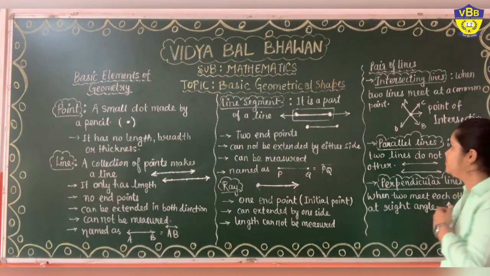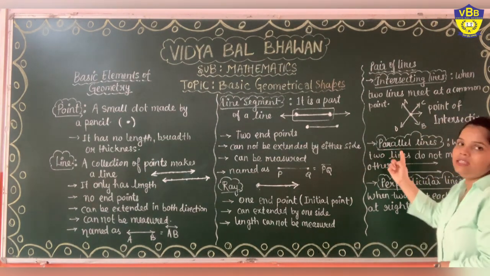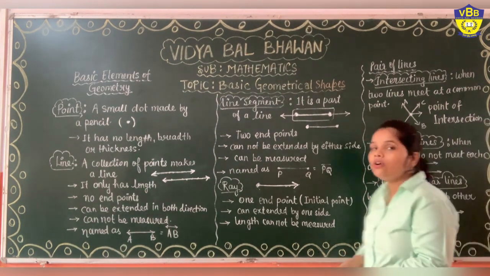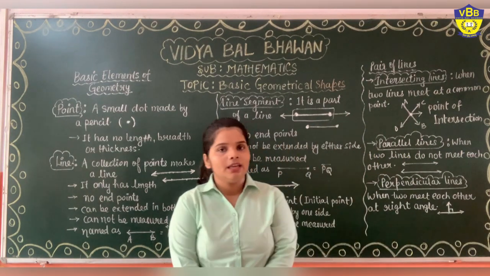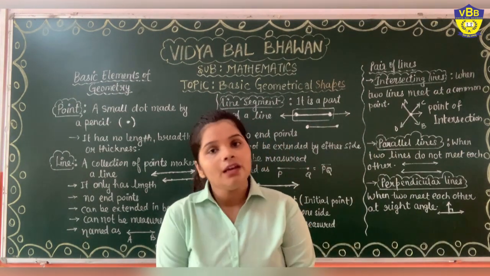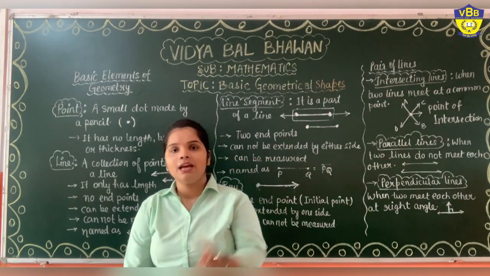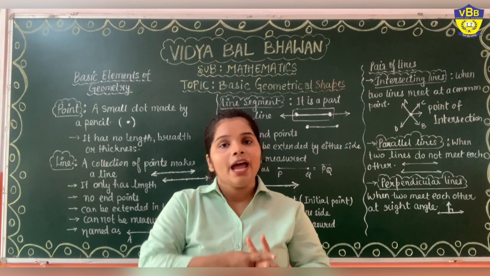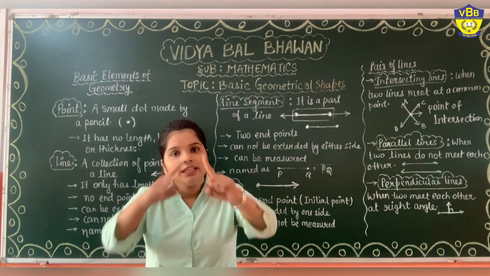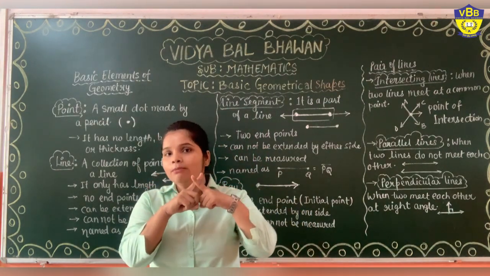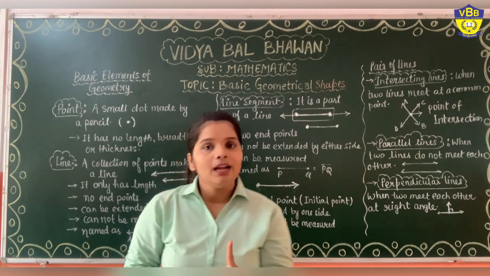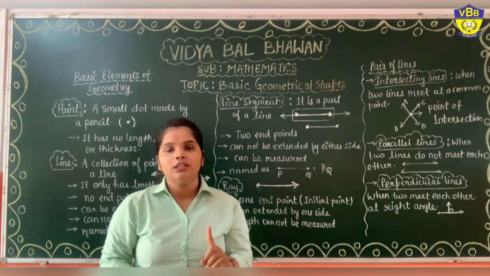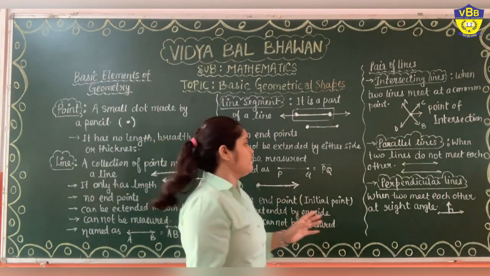After that, now let's discuss second pair of lines, that are parallel lines. Parallel lines are a pair of lines which do not meet each other at any point. Intersecting lines meet each other at one point, and parallel lines are not going to meet each other at any point.